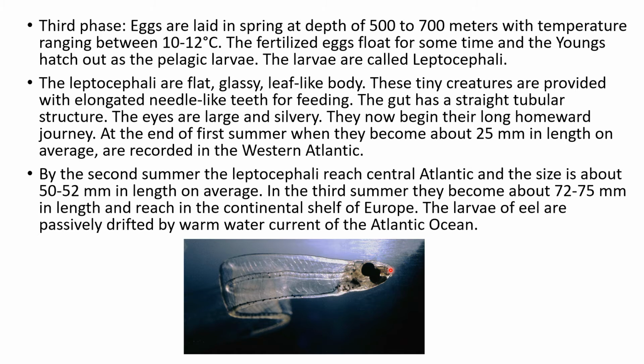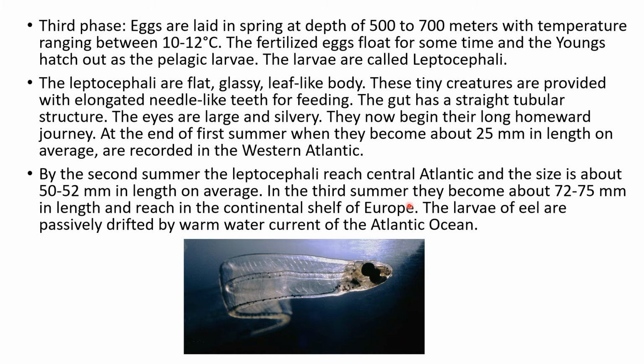They now begin their long homeward journey, so they have to go back to the waters from where their parents have come. At the end of first summer, they became about 25 millimeters in length on an average, are recorded in Western Atlantic. By the second summer, the leptocephali reach Central Atlantic.